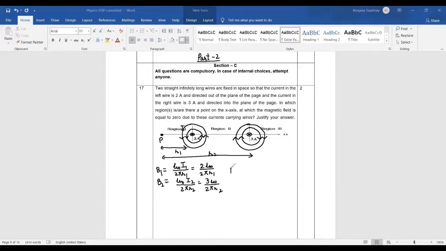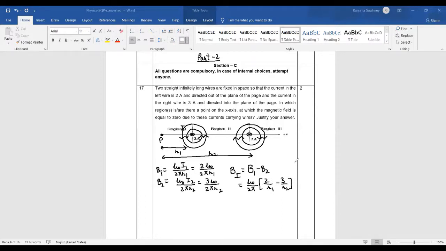Now the net magnetic field in region 1, at point P, will be equal to the difference of these two, B1 minus B2. Taking mu naught upon 2 pi outside, inside the bracket we have 2 by R1 minus 3 by R2.